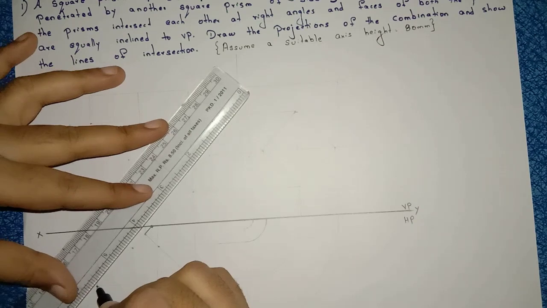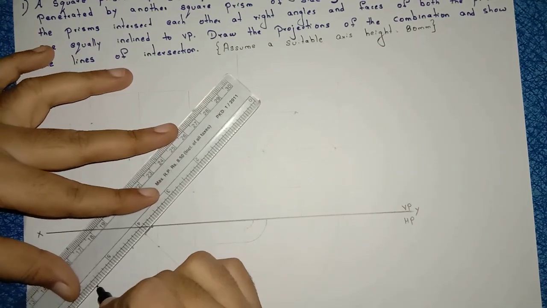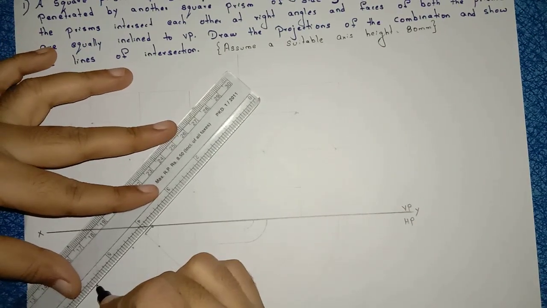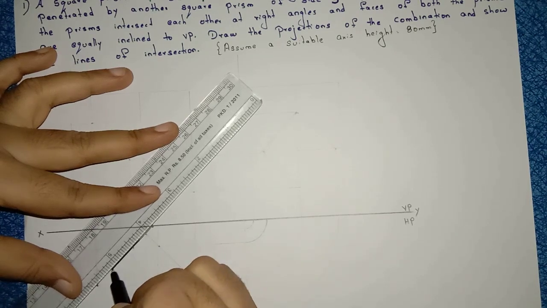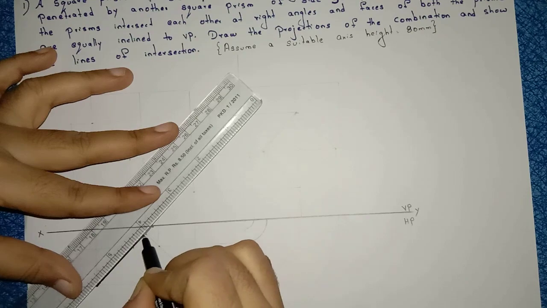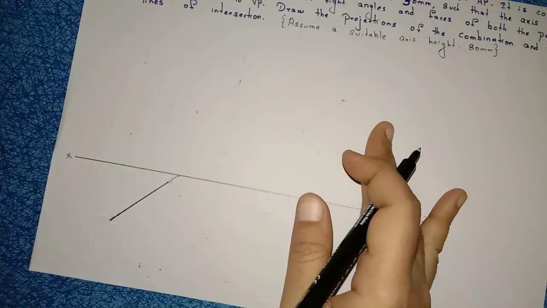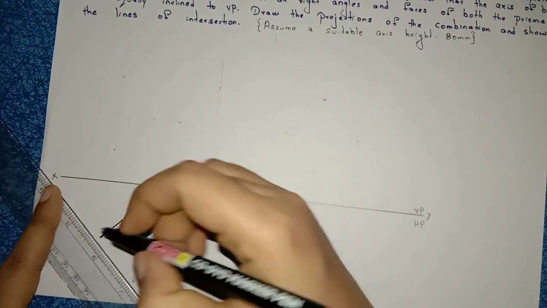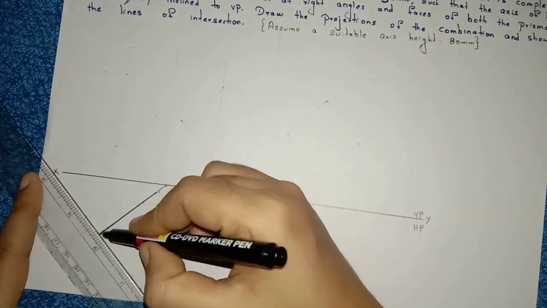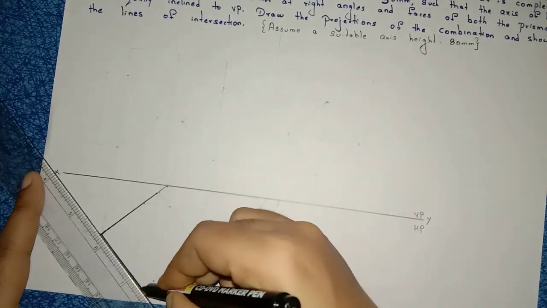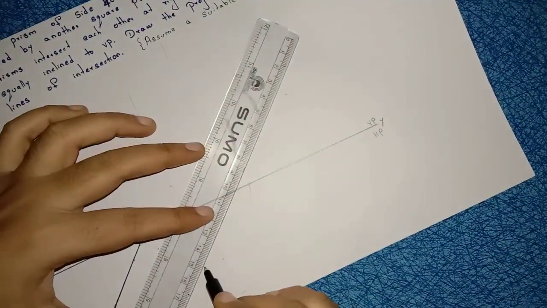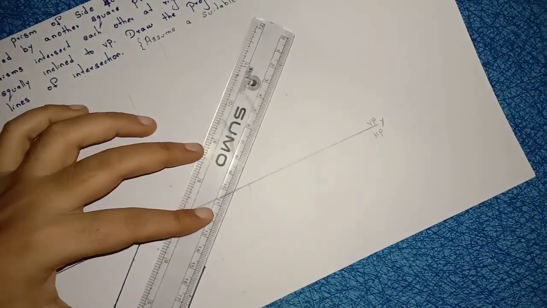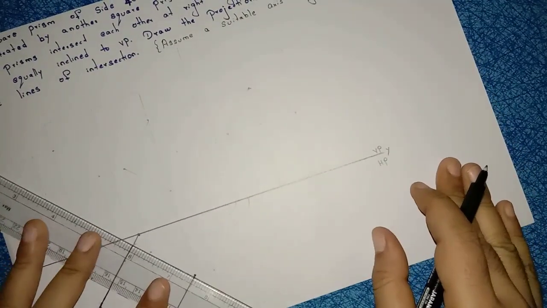Here the length of the square is 40 mm. Right, again place your protractor here, mark 90 degrees and take 40 mm. Again take 90 degrees, length is 40 mm and join this one.